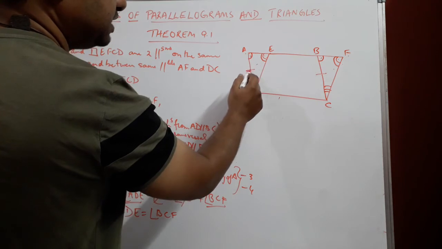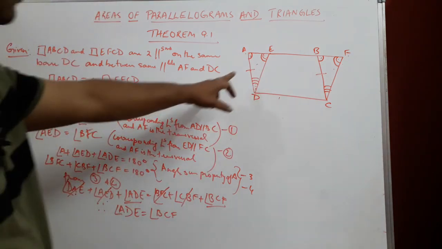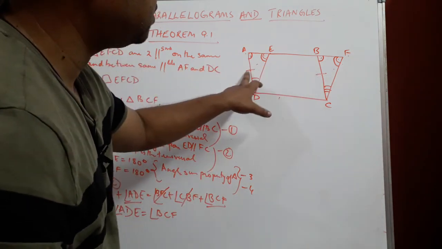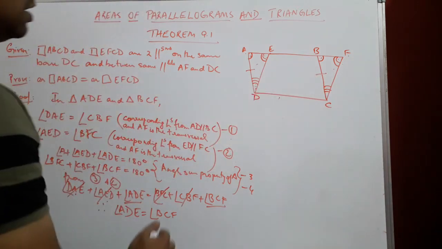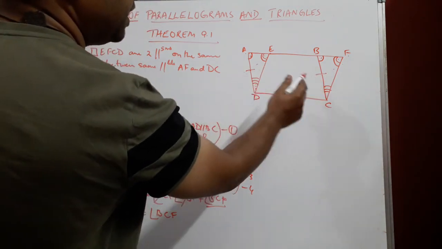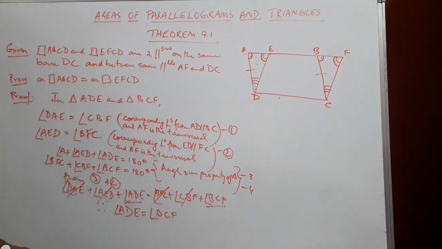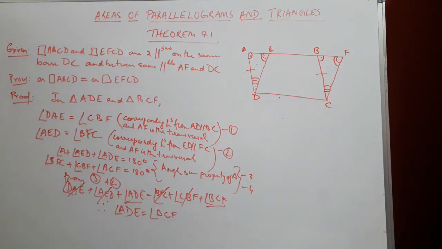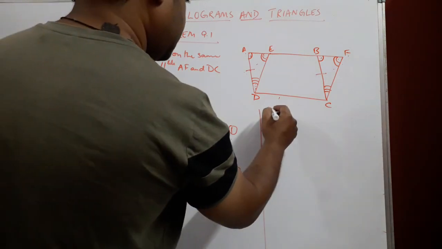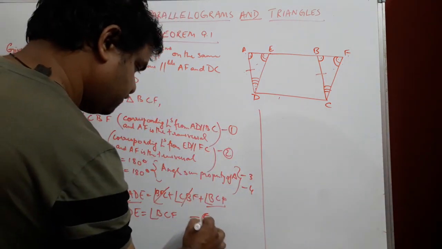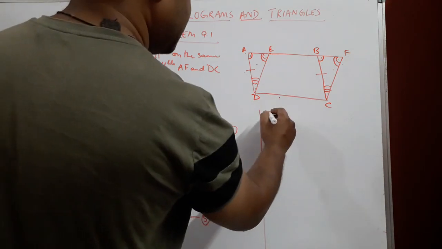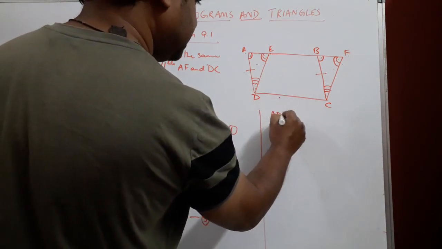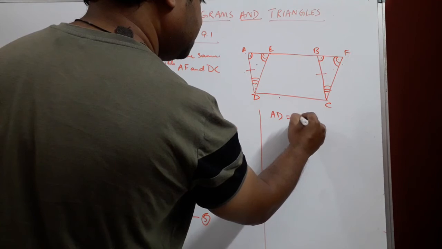So angle, side, angle. So why are these opposite ones equal to each other? Because we know they are parallelograms, and opposite sides of a parallelogram are always equal. So I'll mention it over here. I'll mark this as 5th over here and here I'll put AD is equal to BC.